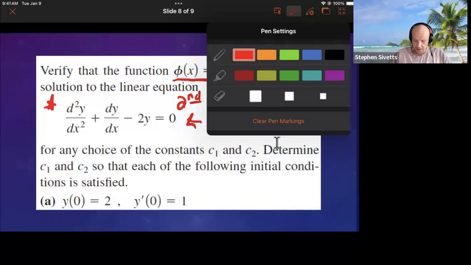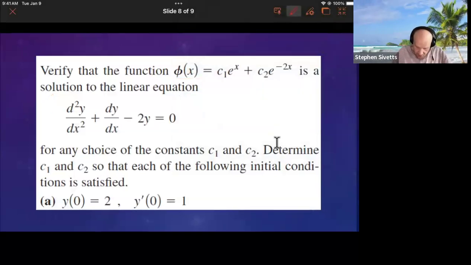So this is a second order linear differential equation, and you have to show that this function works for any constants C1 and C2. The other part is we want to determine exact numbers for C1 and C2 such that y of 0 equals 2 and y prime of 0 equals 1.